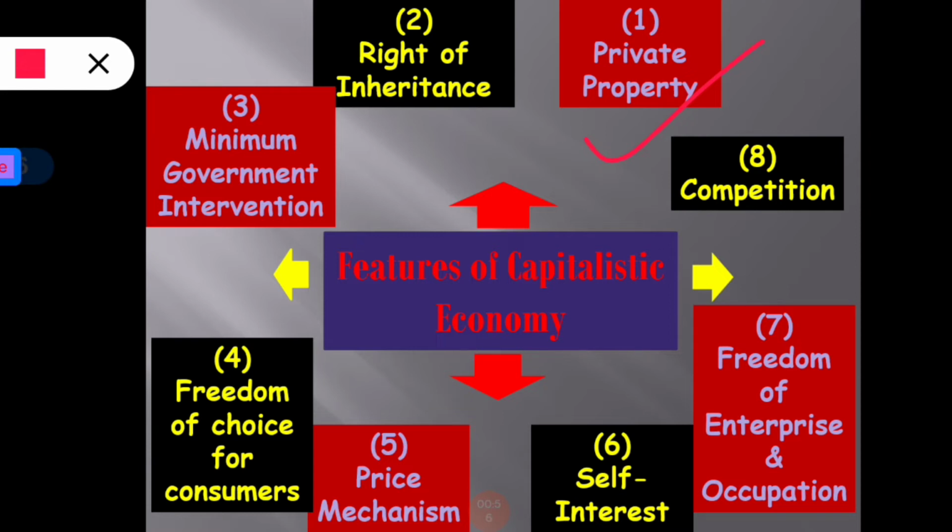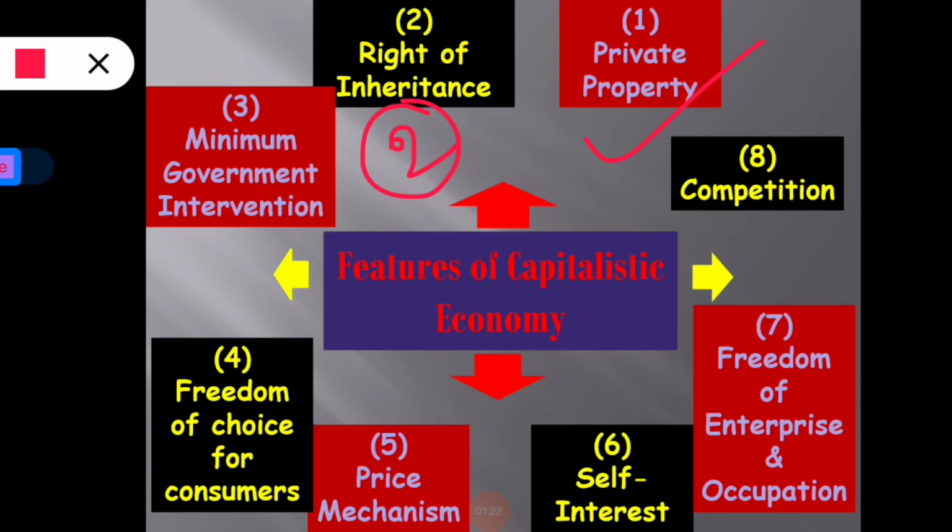So it means the owners of the productive resources take important decisions on production, such as what to produce, how to produce, and the amount of saving and investment in the economy. Now going to the second one, that is right of inheritance.